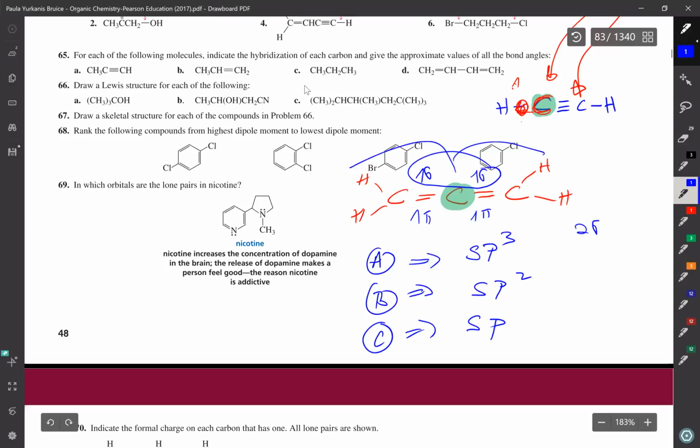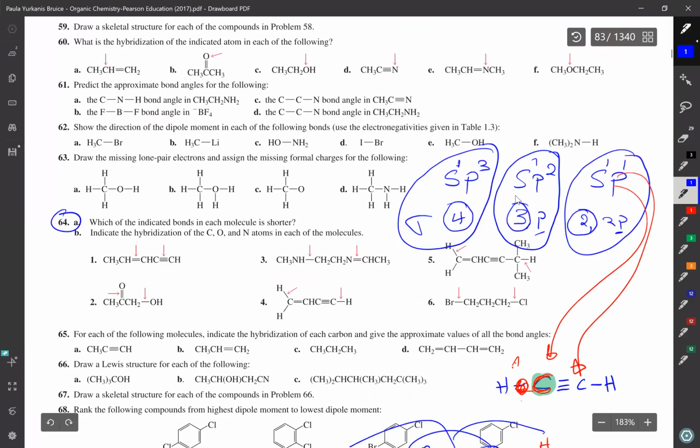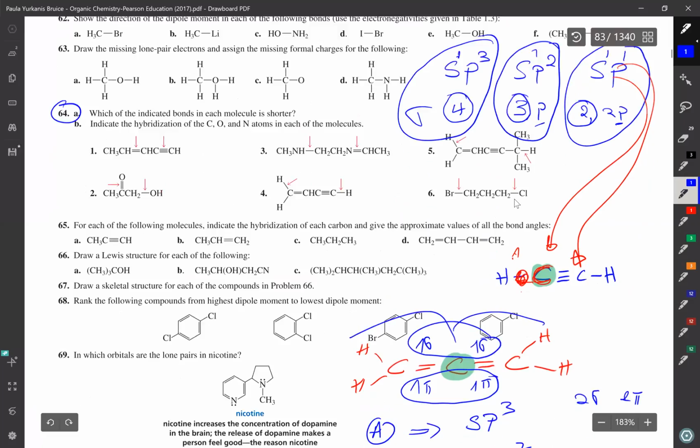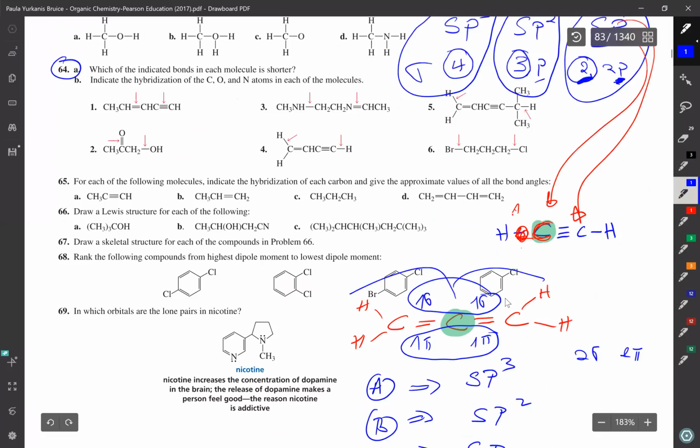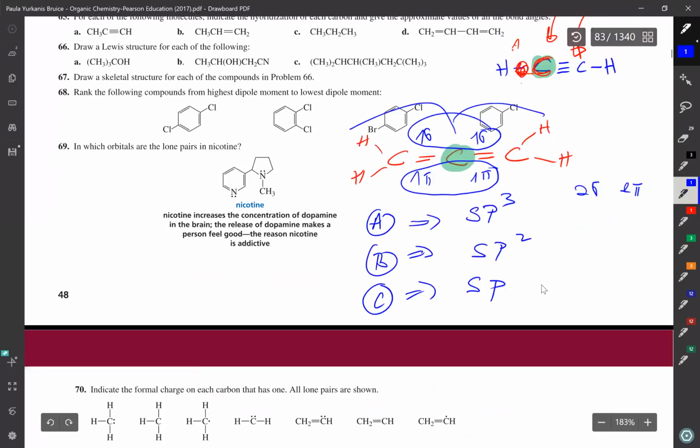How many total pi bonds? We have two pi bonds. If we go back up here, you remember what I said: for the sp, you need to have two sigma and two pi. So this carbon would be an sp hybridized carbon.